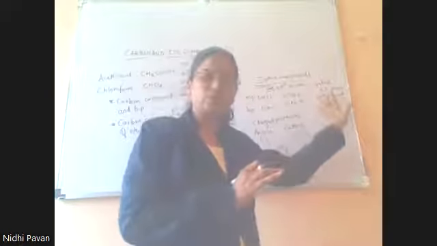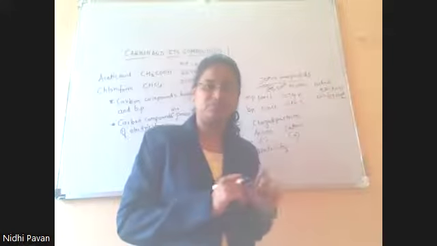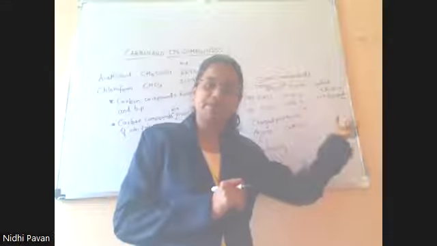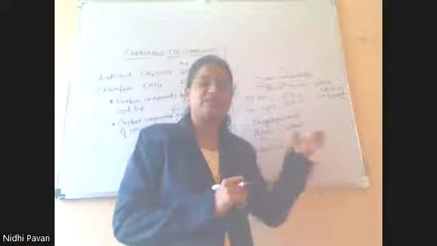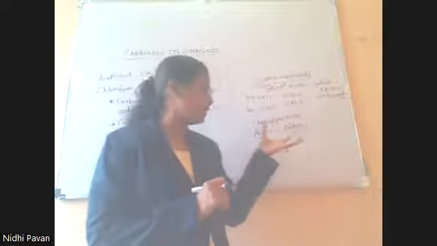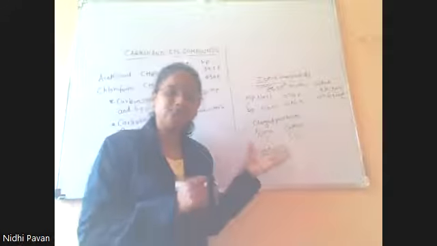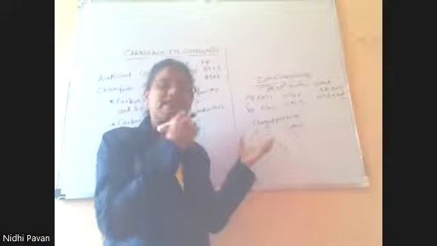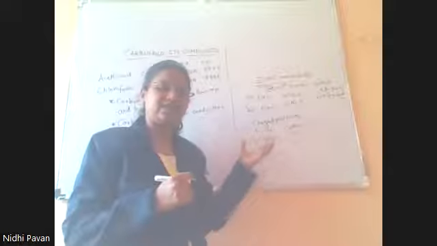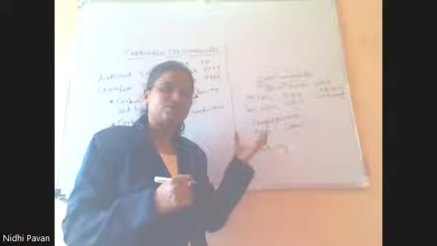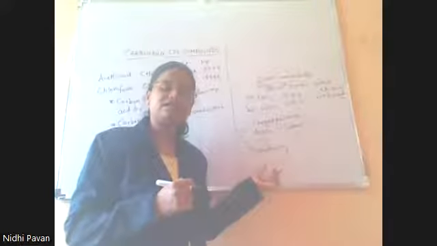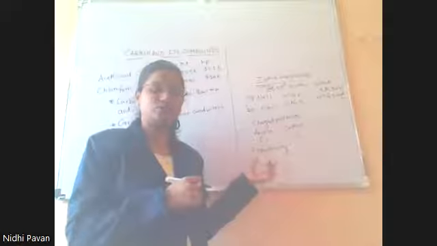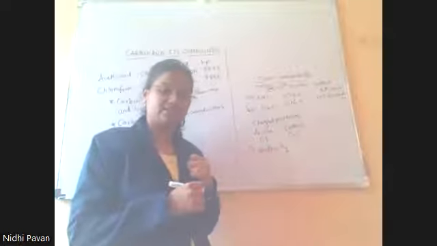That is nothing but to get an octet electronic configuration. To get that, these atoms lose or gain electrons so that they acquire a charge. Due to the charge, they can conduct electricity in aqueous solution or molten state.